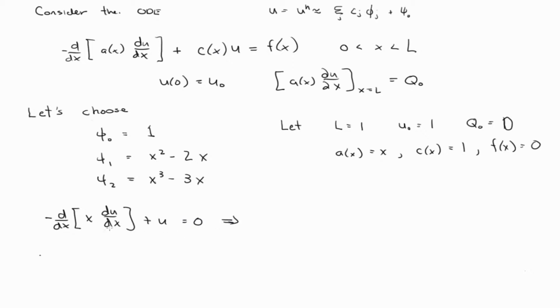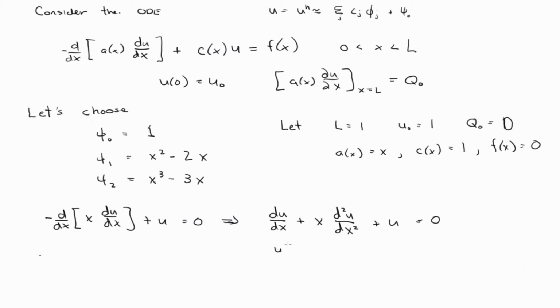And if we just use the chain rule to distribute this d dx, then we have du dx plus x d squared u dx squared plus u equals 0.